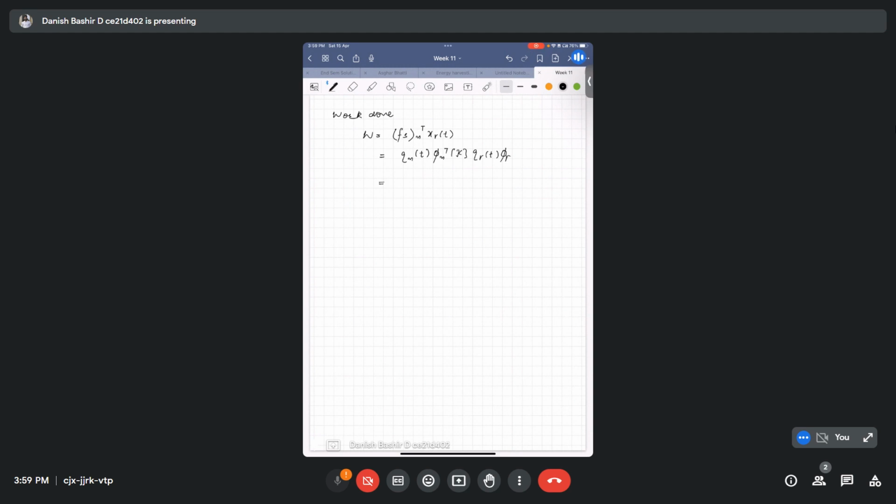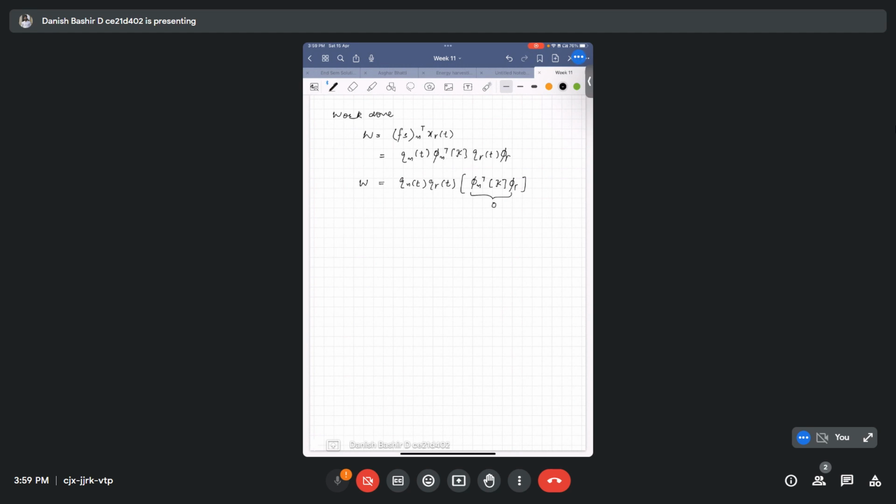Collecting the like terms, we have q_n(t), q_r(t), and phi_n transpose K phi_r. So the work done by the equivalent static force in the nth mode, in going through the displacement of the rth mode, will be zero only if we assume this quantity phi_n transpose K phi_r is equal to zero.